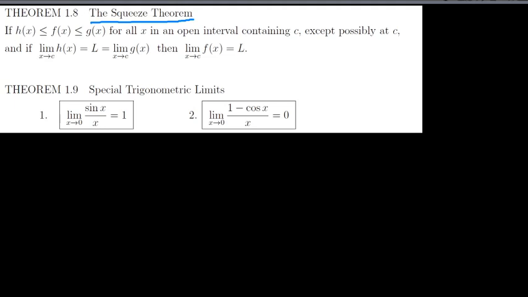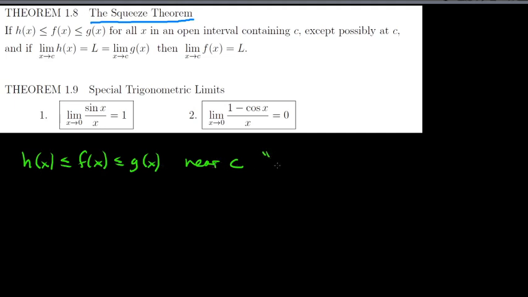We have 3 functions, h, f, and g, all in that order. So h of x is less than or equal to f of x, and f of x is less than or equal to g of x, for all x on some open interval containing c. So somewhere near c. But this doesn't have to be true at c, just near c.